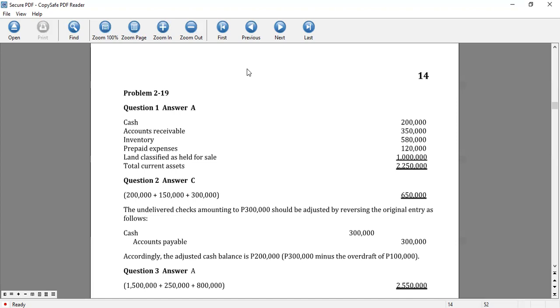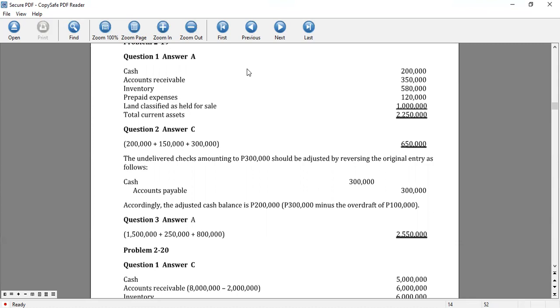Accordingly, the adjusted cash balance is 200,000. That's 300,000 minus the overdraft of 100,000. Now, in question number 3, what amount should be reported as shareholders' equity?